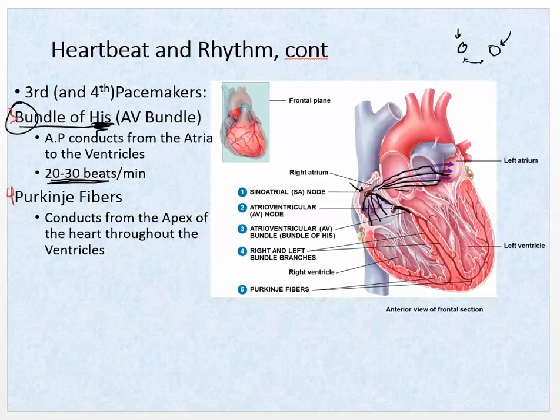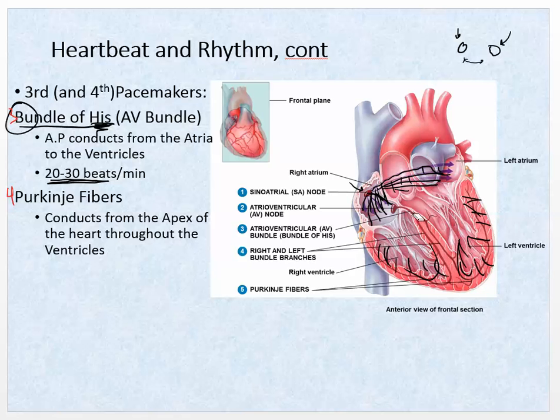It has slower depolarizing cells in here, so you have depolarization, a pause, and then it moves down and you have depolarization of the ventricles. I hope that makes sense, because it's very important for proper functioning of the heart.